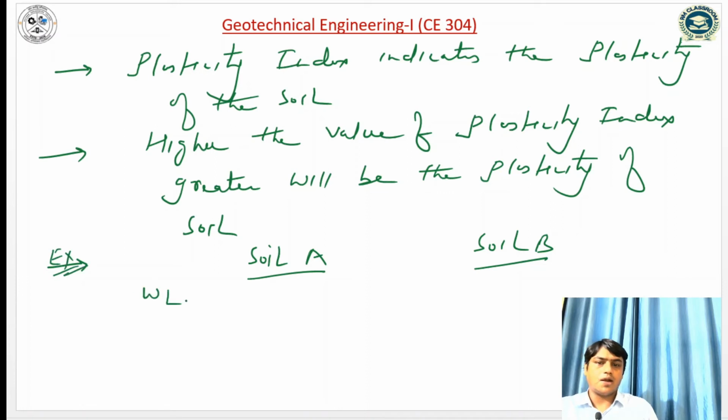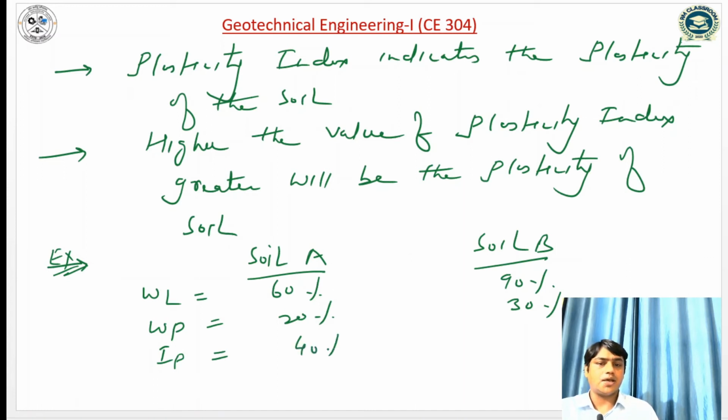Soil A has liquid limit equal to 60%, and soil B has liquid limit of 90%, and the plastic limits are 20% and 30%. So which soil is more plastic? You have to compute the plasticity index, liquid limit minus plastic limit.